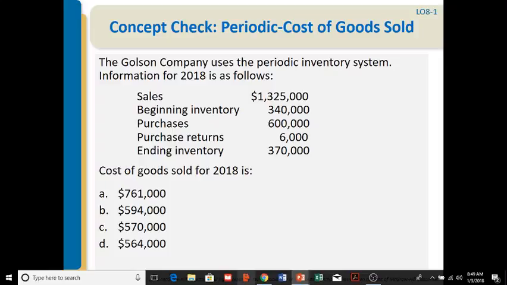All right, so you've got cost of goods available for sale of... something's wrong there. 340 plus 594 equals 934, and at the end of the period, after doing your physical inventory, you only have 370 left, so you take the 370 and subtract it from the 934.